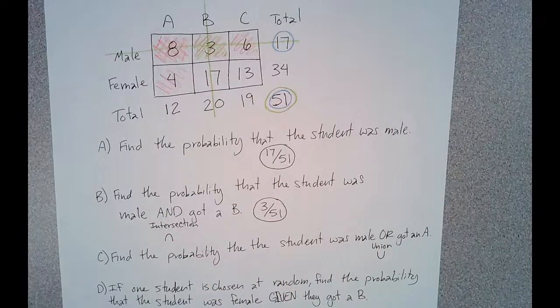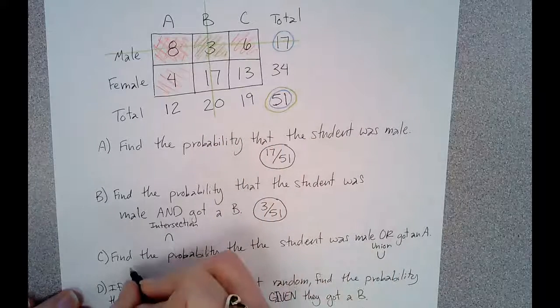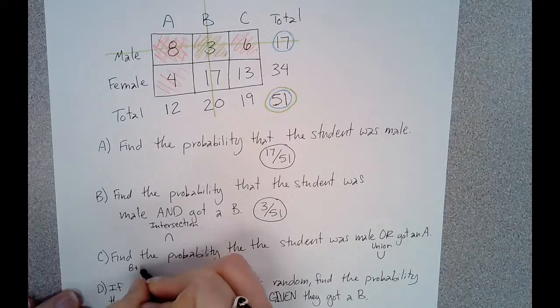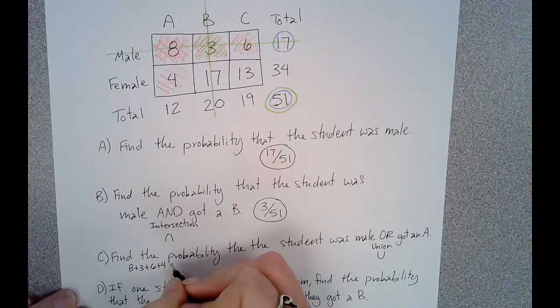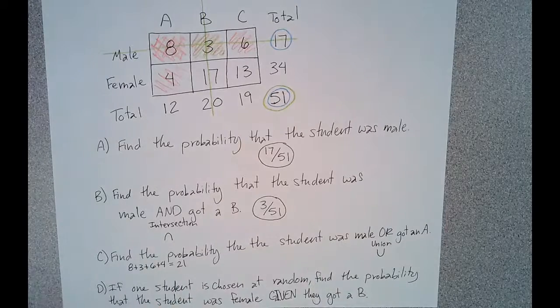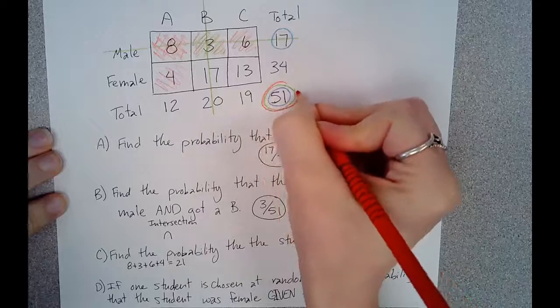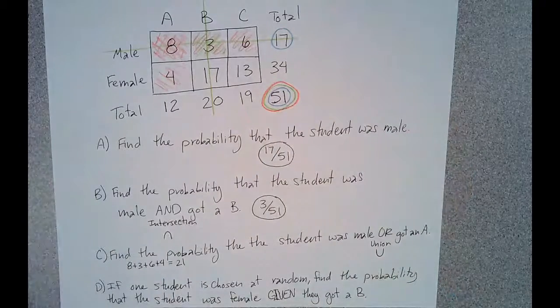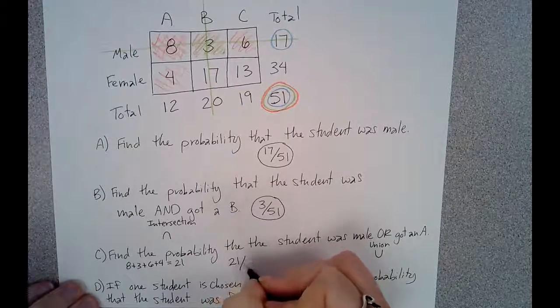One option is to just add up those boxes that are shaded in red. 8 plus 3 plus 6 plus 4, which is 21. And again, like all the ones we've done so far, it hasn't given us any "already we know" information, no given information, so it is out of 51. So we're at 21 out of 51.